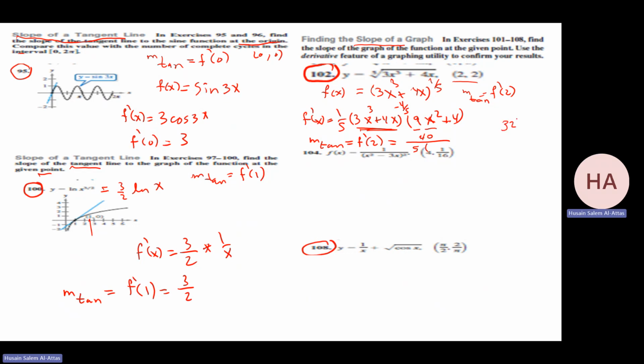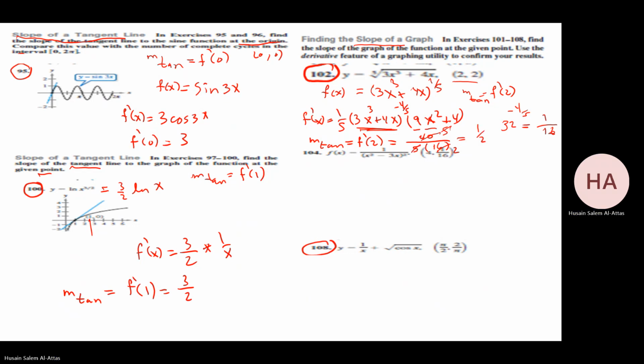So I need 32 to the power minus 4 over 5, which is 1 over 32. The fifth root of 32 is 2, so 1 over 16. This is times 16, over 8, this is 5, this is 2. The 5 cancels with 5, so the answer is half.